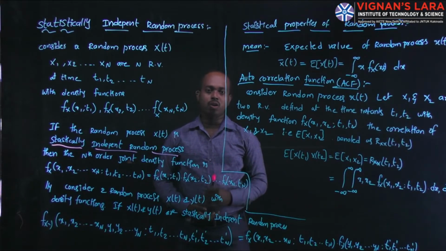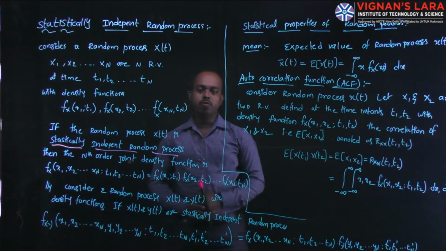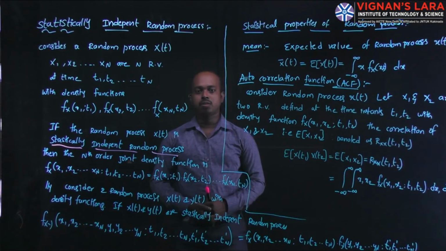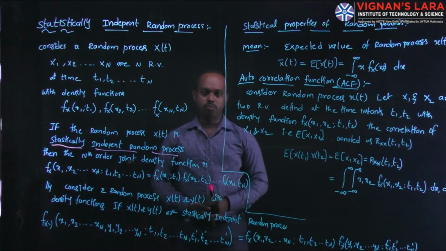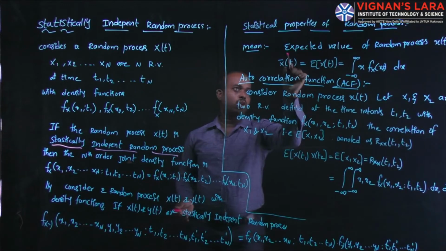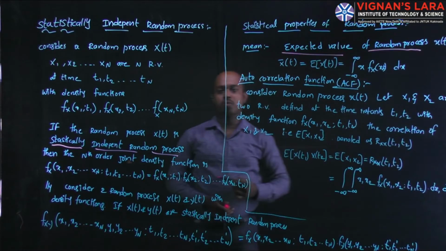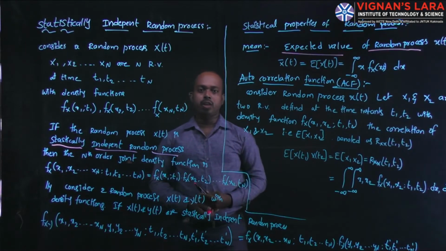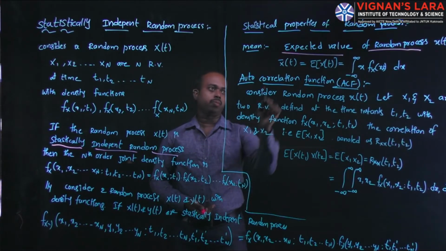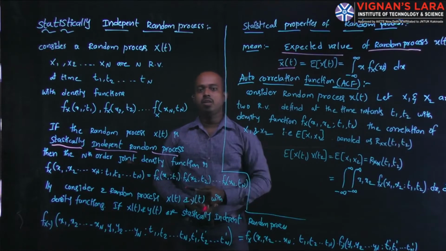The mean value of random process x of t is defined as the expected value of the random process. The expected value of random process x of t is called the mean value. It is denoted with x of t bar.